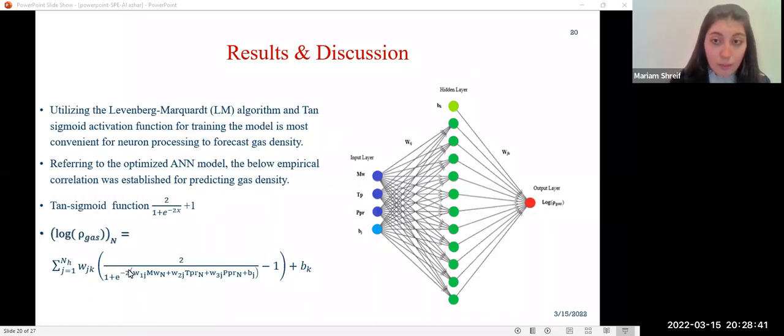So the output of the hidden layer is as follows, and we need to pass the resultant value through the activation function, which is the tan sigmoid function. So we get the following as an output from the hidden layer. Now, between the hidden layer and the output layer, we do the same.